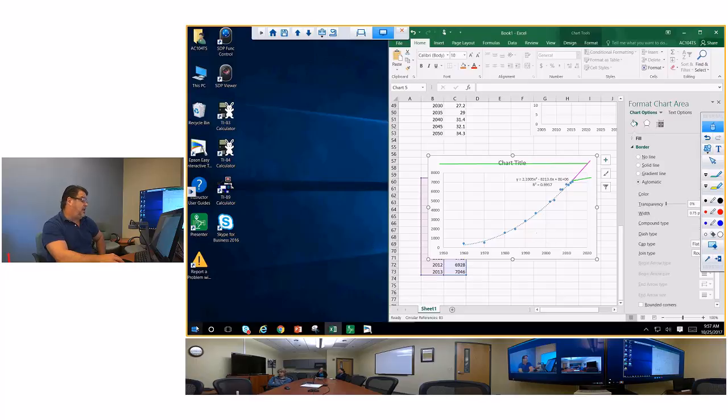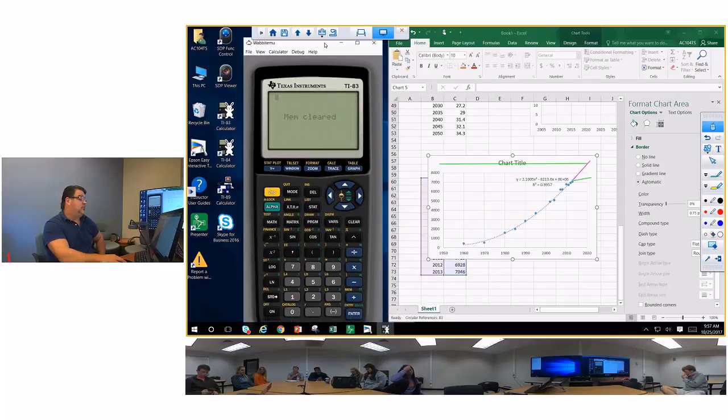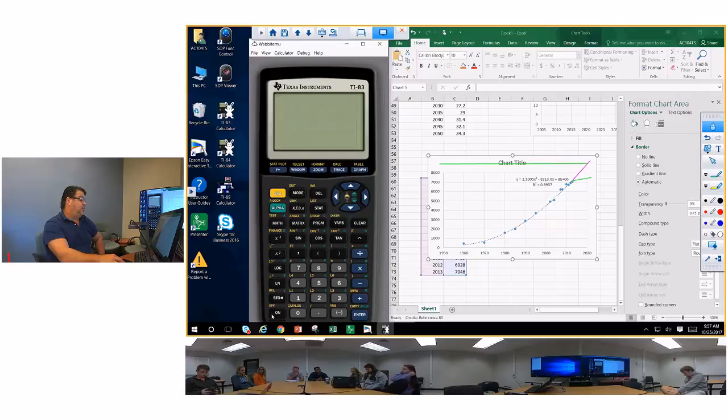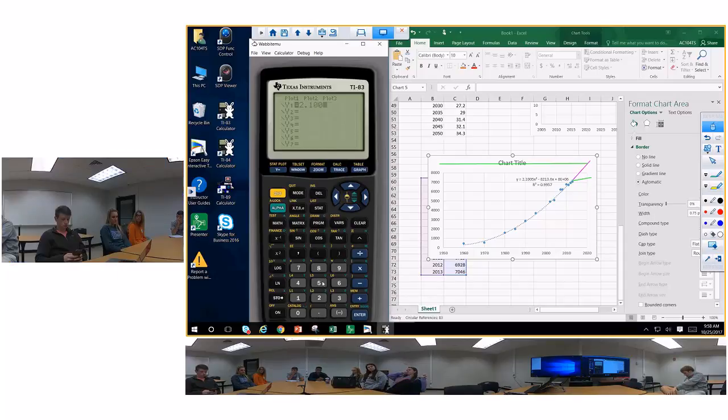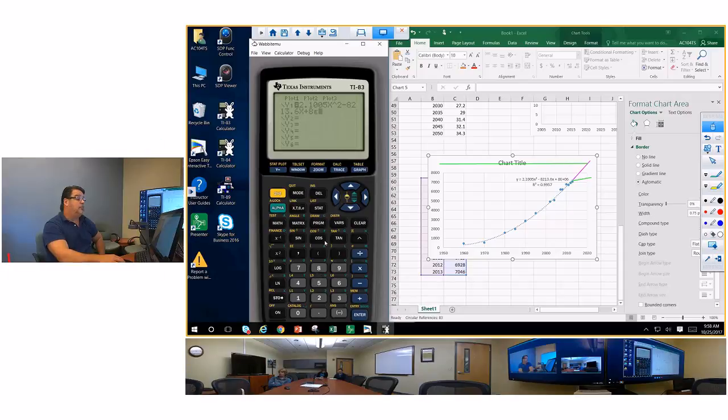And you could take your handy dandy calculator and plug in y is equal to 2.1005 x squared minus 8213.6 x plus, we're going to try this, 8 E 6.